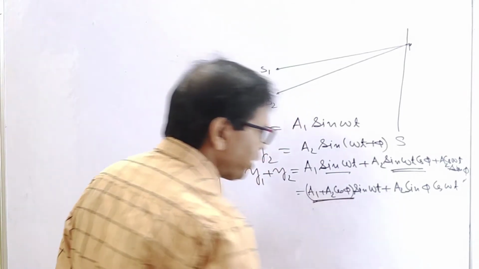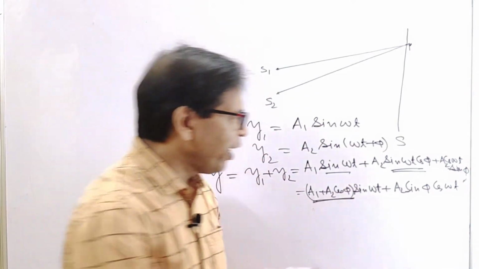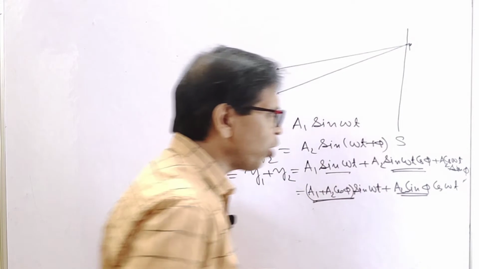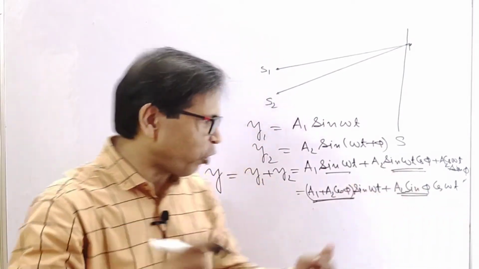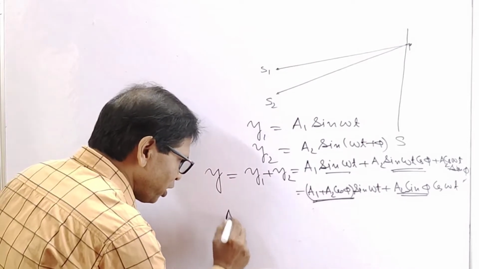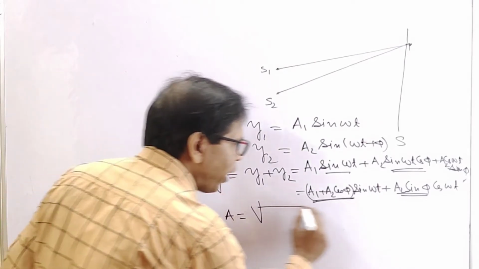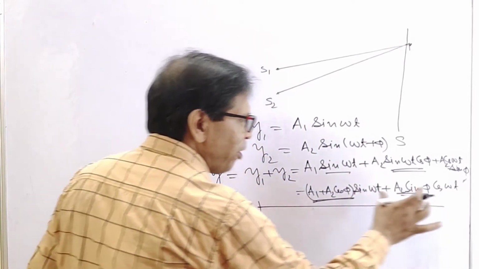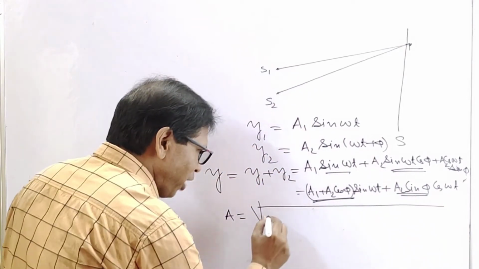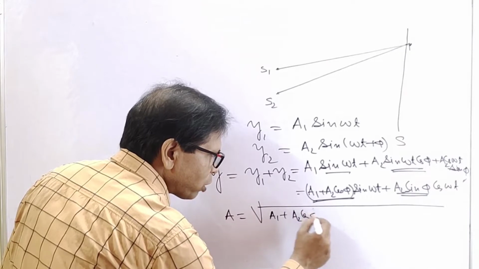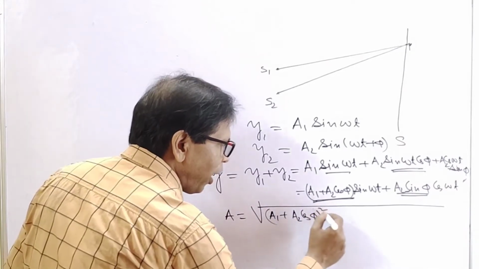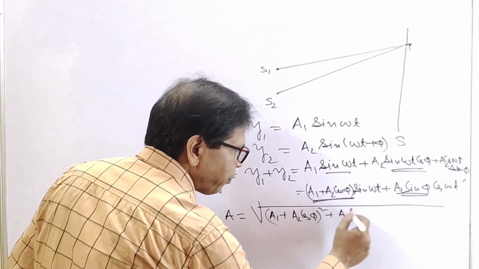Now this is the coefficient of sine omega t and this is the coefficient of cos omega t. So the amplitude of the resultant wave due to superposition equals the root of this square plus this square. That is, A equals root of (A1 plus A2 cos phi) whole square plus (A2 sine phi) whole square.